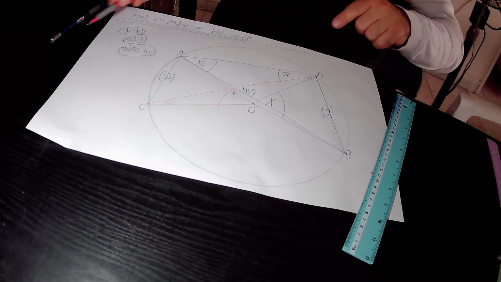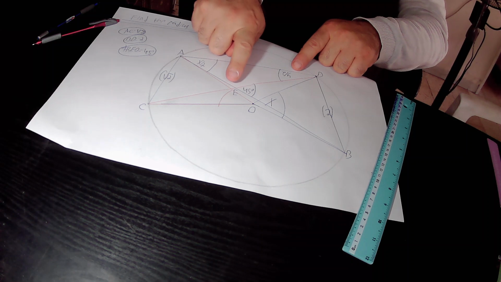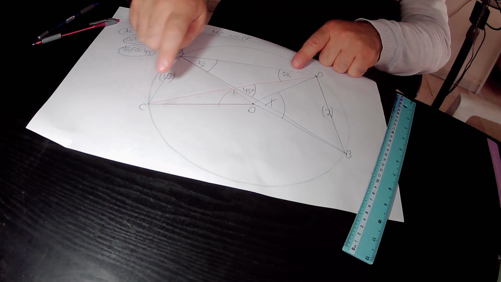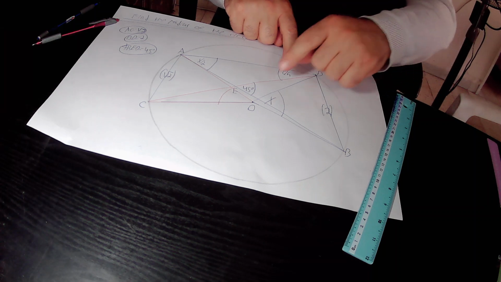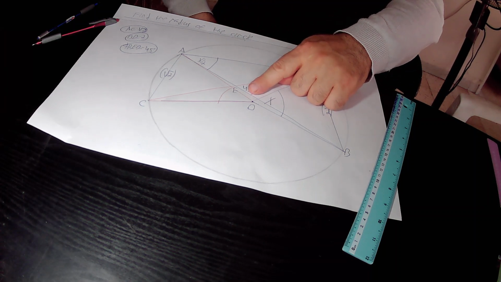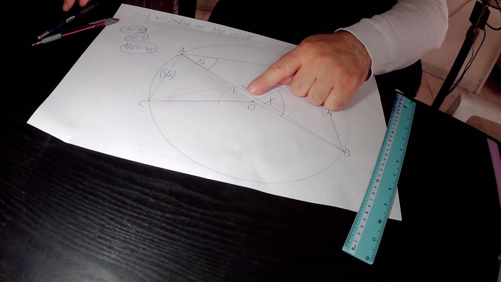Why? Because those two angles both subtend on the same chord called AC. The size of peripheral angle ADC is y over 2. Therefore, the size of the central angle AOC that subtends on the same chord called AC must be equal to y.